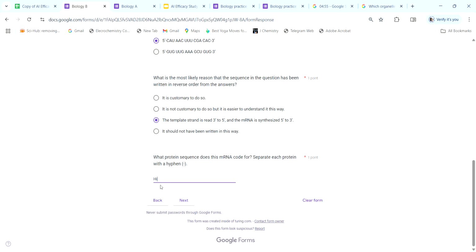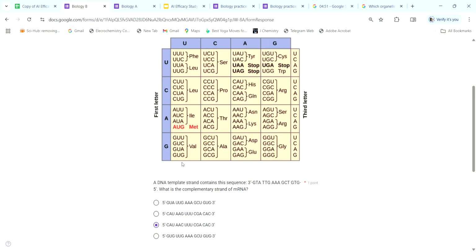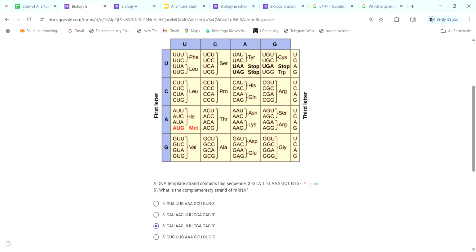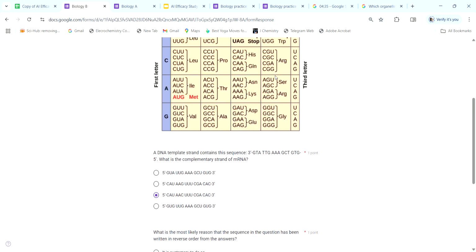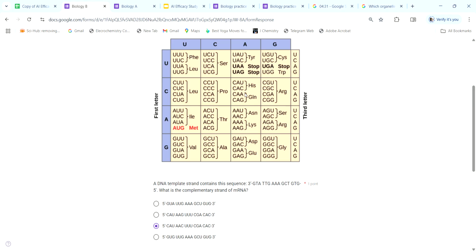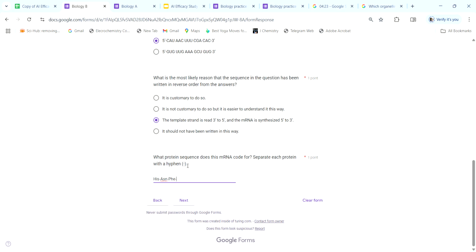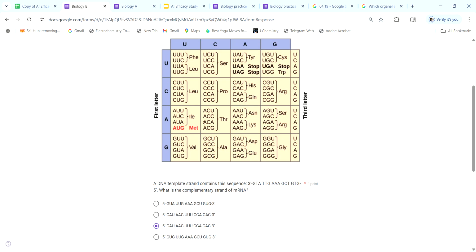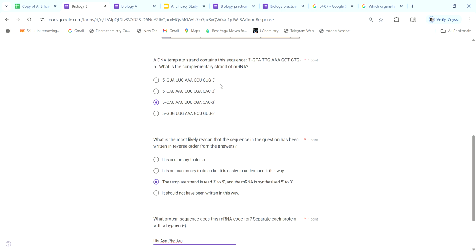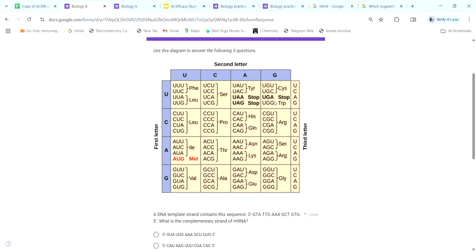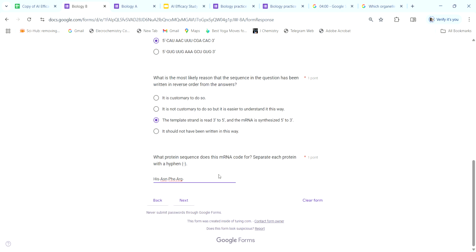Next is AAC, asparagine. Next is the UUU codon. Then CGA, arginine. Next is CAC, histidine. So I'll move to the next part.